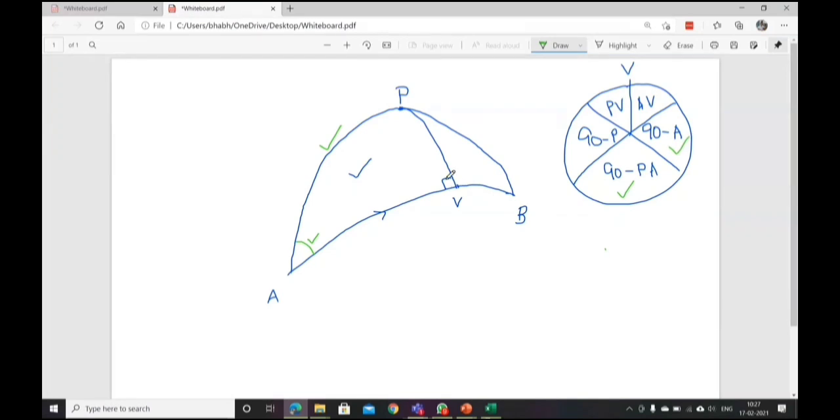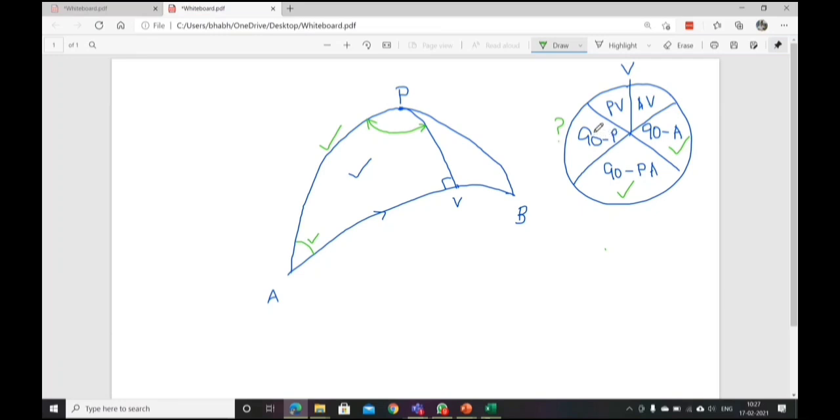So for finding the longitude, basically we have to find this angle P. So let's identify this in the circle. This is the part which we want to find out.